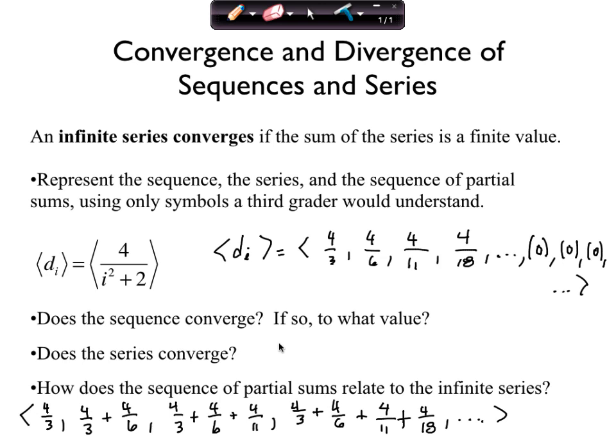So the series is 4/3 plus 4/6 plus 4/11, and on and on and on, dot, dot, dot, plus practically 0, practically 0, practically 0, and on and on and on, right? How does this sum relate to this sequence? What's the relationship between this?